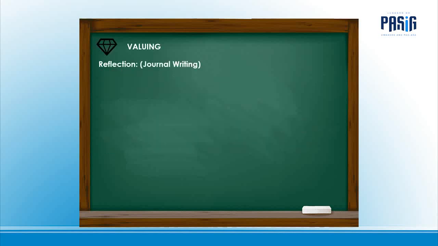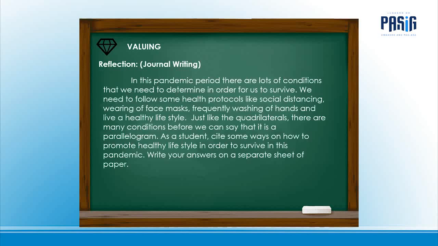For our valuing, you will make a reflection in the form of journal writing. In this pandemic period, there are lots of conditions that we need to determine in order for us to survive. We need to follow some health protocols like social distancing, wearing a face mask, frequently washing of hands, and living a healthy lifestyle.